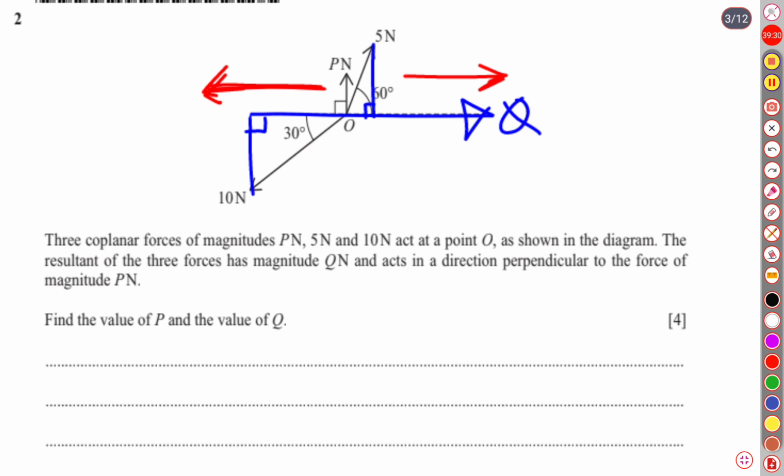First of all, we will resolve the forces vertically. If we resolve the forces vertically, it is going to be driving force minus resistance to motion is equal to mass into acceleration.